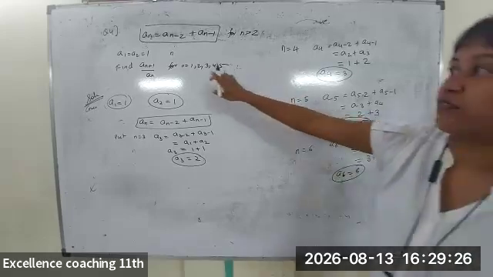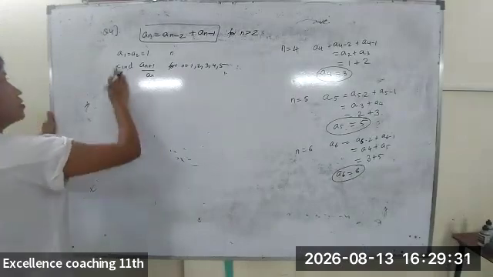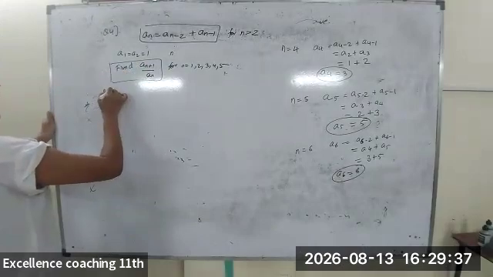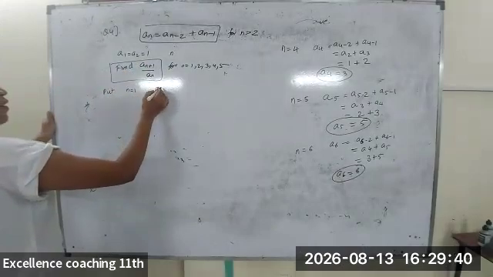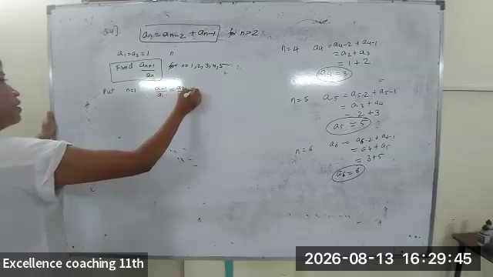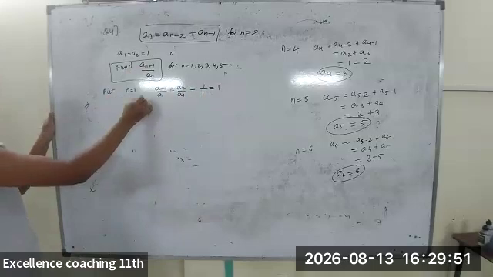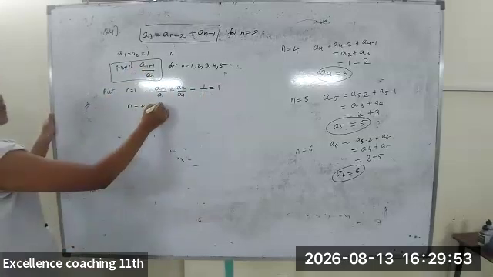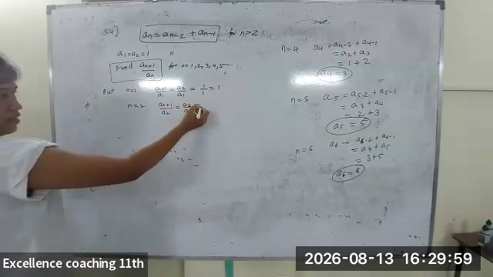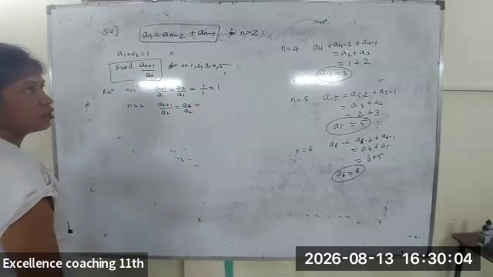Now last part, you have to find this, and put n as 2. A3 value is 2.